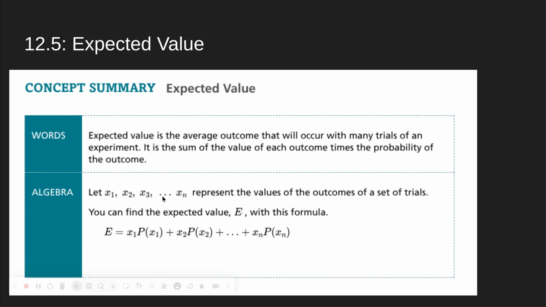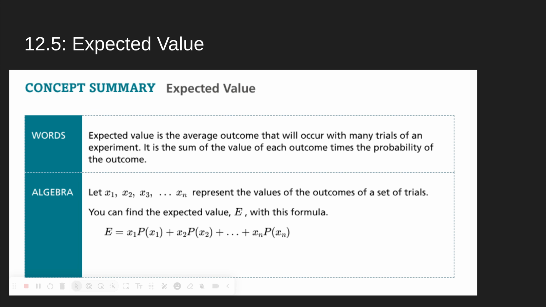X1, X2, X3, all the way to the nth X. Those are the values of the outcomes for some trial. The expected value is the first outcome times the probability of that outcome, plus the second outcome times the probability of that outcome, plus all of the outcomes times the probability of their outcomes.